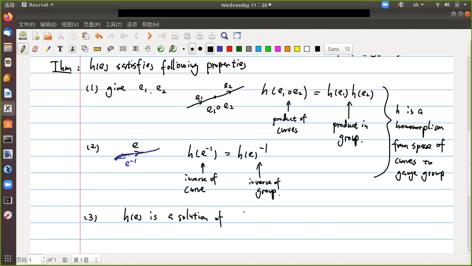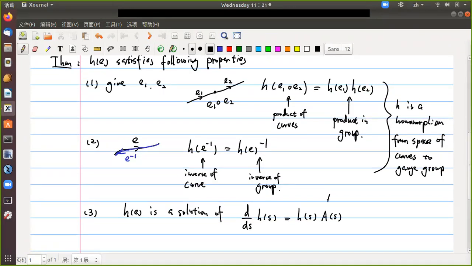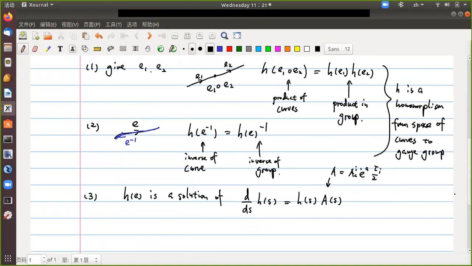This differential equation is usually called the parallel transport equation: dH/ds equals H(s) multiplied by A(s). This A is our previous A, A_i dot x, as a function of s.